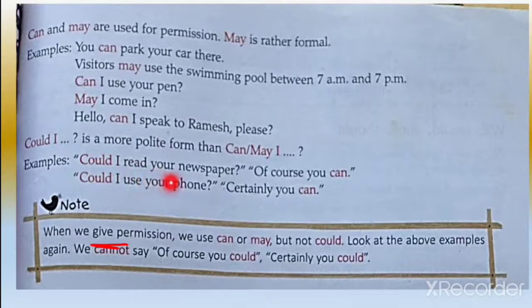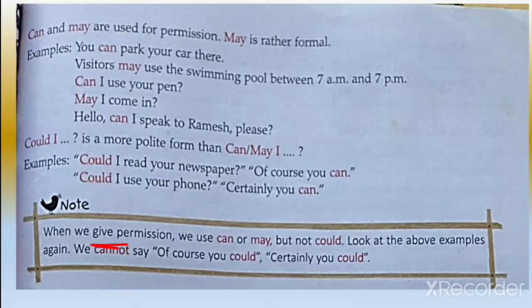Look at the above: could I read your newspaper? Here you are taking permission. Could I read your newspaper? Could I take your pen? Could I use your mobile phone? Could I use your pencil? Here you are taking permission. That's why could is used.